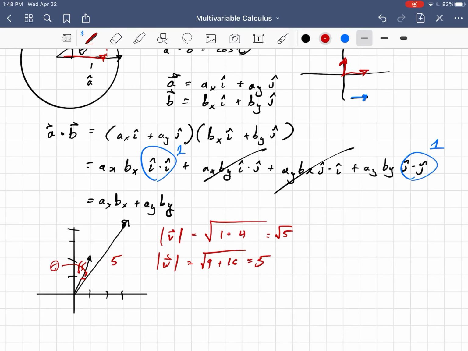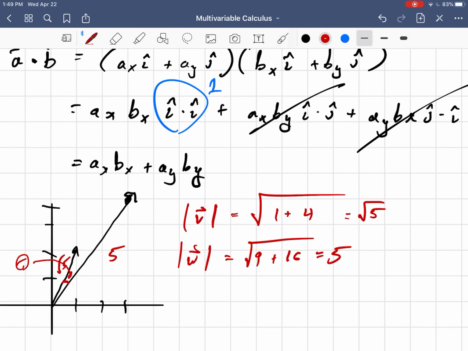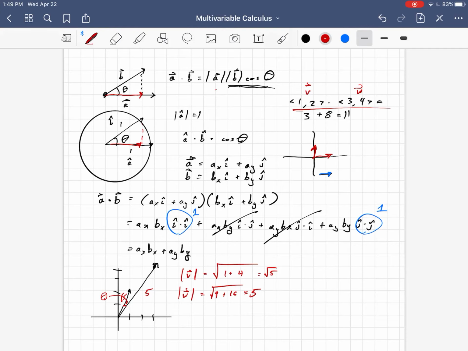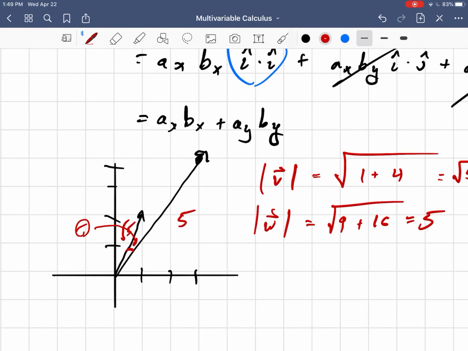So this length here is the square root of 5. And then likewise, the magnitude of vector w is the square root of 3 squared, which is 9, plus 4 squared, which is 16, or just 5. That's interesting. So the magnitude of the 3, 4 vector is just the square of the magnitude of the 1, 2 vector.